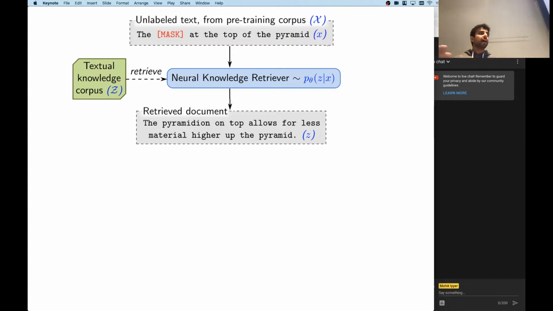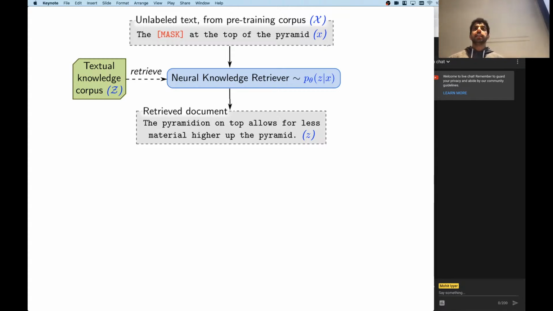So if we have a retriever module that is integrated with the training process of this BERT model, now the BERT model, this one that's predicting the mask token, doesn't actually have to memorize this fact that the pyramidion is the thing at the top of a pyramid. Instead, it can rely on the retriever to provide this information.